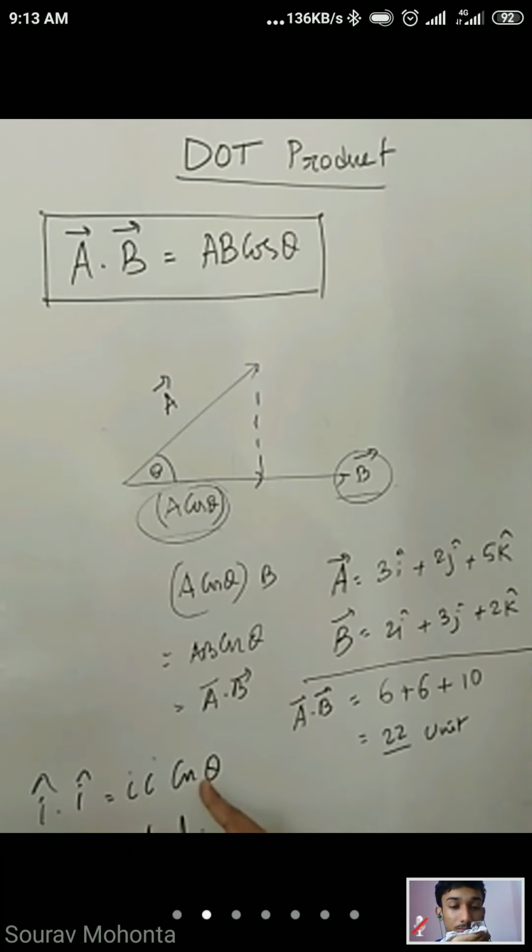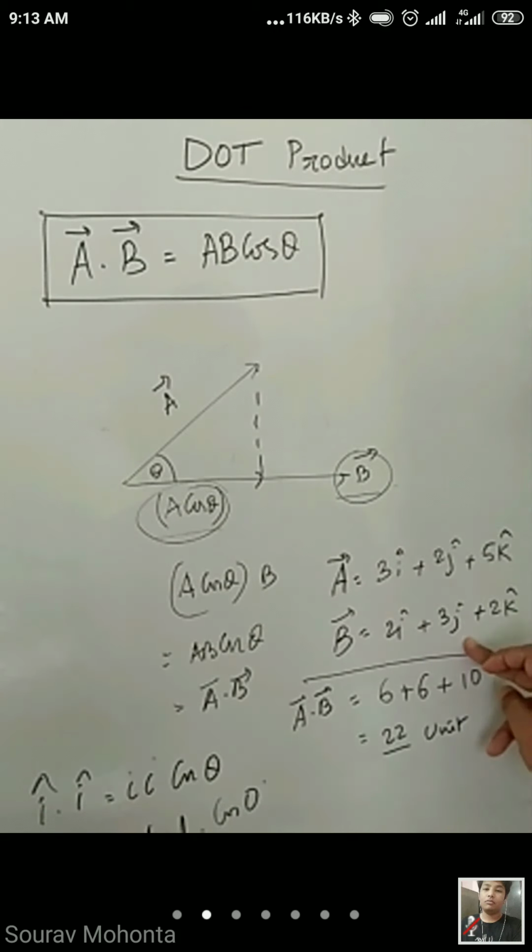Now what is the angle between i and i? i means along the x-axis, so it is x-axis with x-axis. The angle is 0. So cos 0 is again 1. So 1 into 1 into 1 is 1. Therefore i dot i ultimately gives you 1. Similarly j dot j is 1, and k dot k is 1.